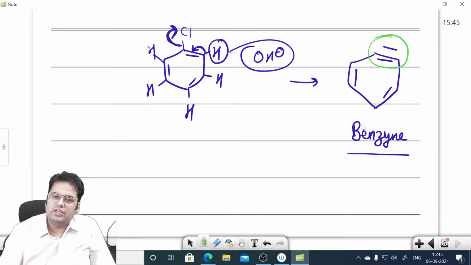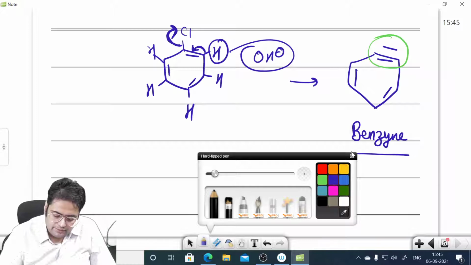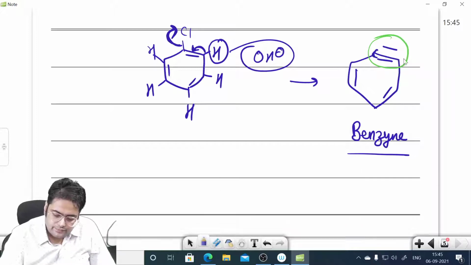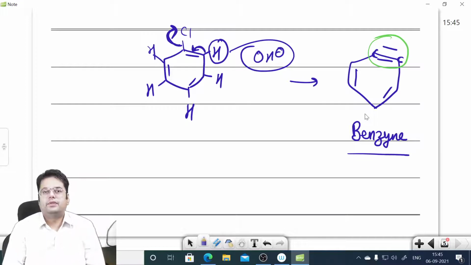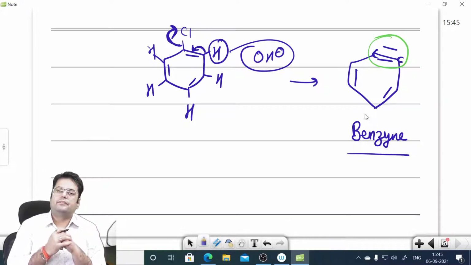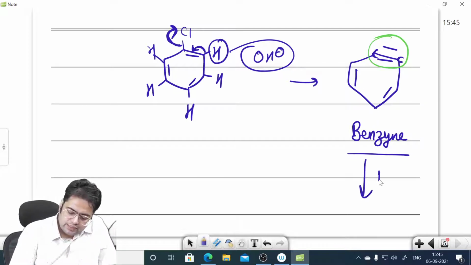And what kind of addition will be possible? Just check. Both of these carbons have equal probability of addition. So what can we think of? We can think of NaO minus, H plus.